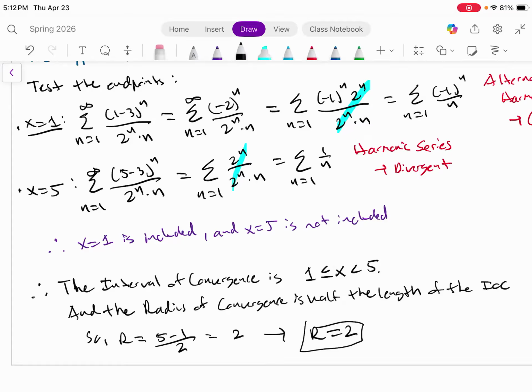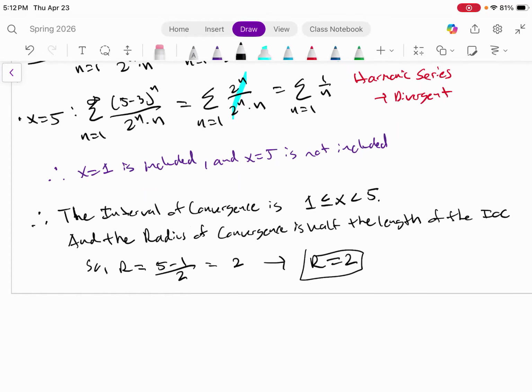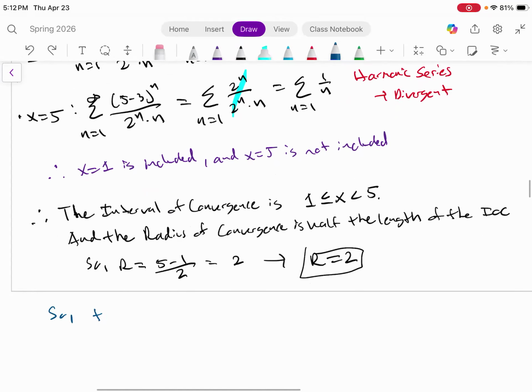Okay, so the power series will only converge for x in the interval 1 to 5.